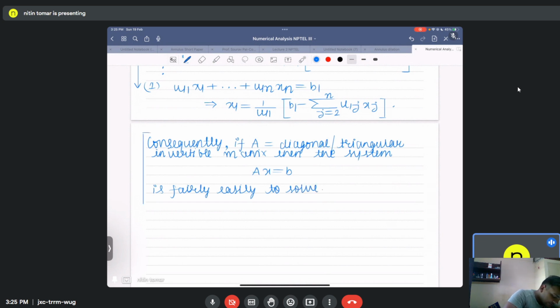See, if you take A invertible, you know that anyhow this will be solvable. The unique solution will be given as x equal to A inverse b. So the question is not whether or not the solution exists. The question is how easily you can find the solution. Because when you're working with a computer, at each step error might happen.